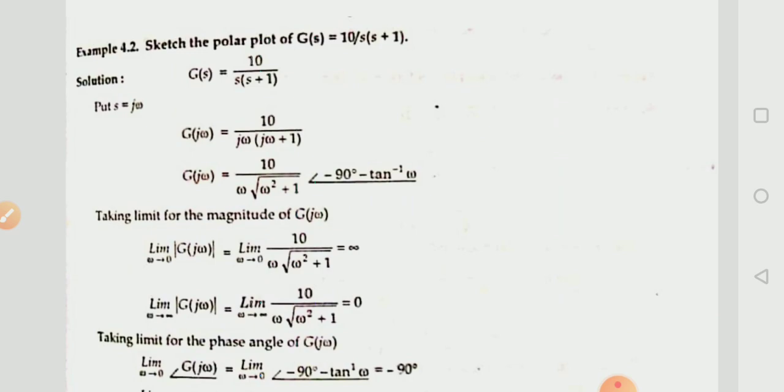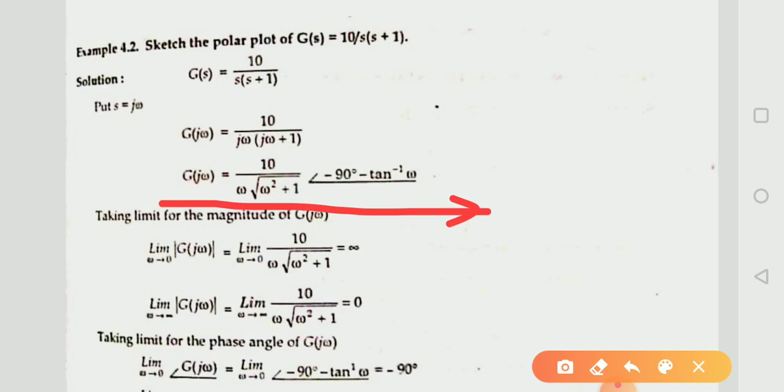Now the equation becomes G(j omega) equal to 10 over j omega into (j omega plus 1). Now we are writing this expression in terms of magnitude and angle. This is 10 over omega under root of omega square plus 1, and angle is minus 90 degree and minus tan inverse omega.